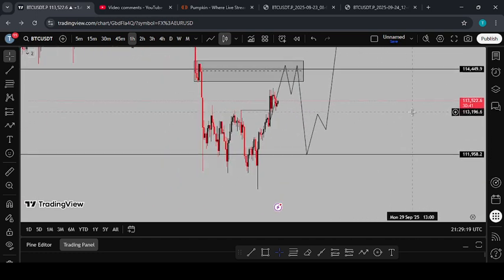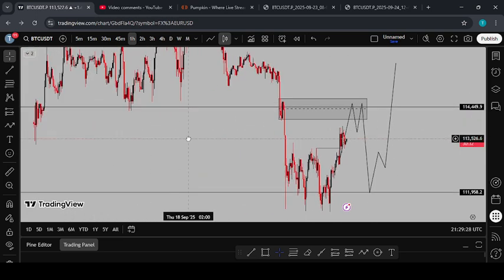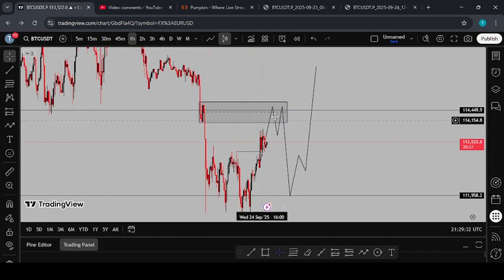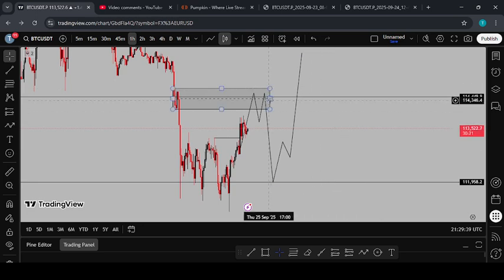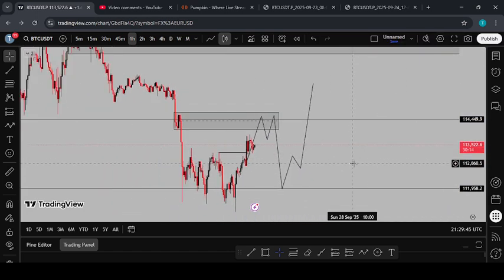But we should also observe this because market can sell, since this particular point of interest also corresponds to the daily neckline, the daily neckline of that double top, and a 50% premium zone. So market can mitigate it and sell, right? So those are the two confluences for those of you wanting to catch trades. This is what you look out for. These are the reactions you want to see on BTC.